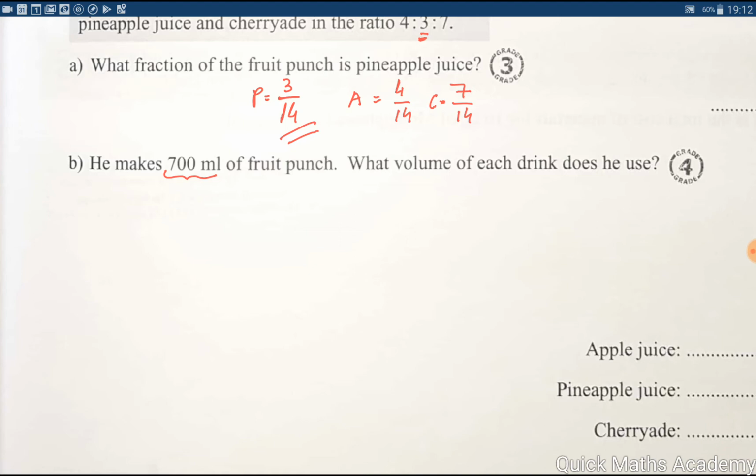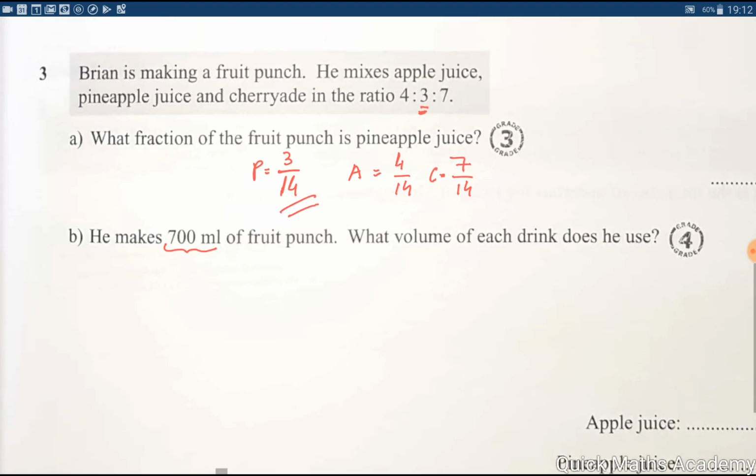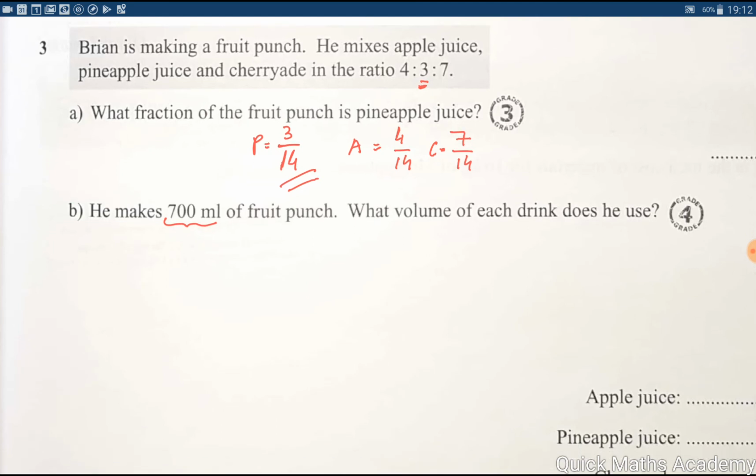Let's start with the apple juice. We know our ratio for apple juice is 4/14, but we also know that 4/14 is the same as 2/7. I just divide by 2 on top and 2 on the bottom.